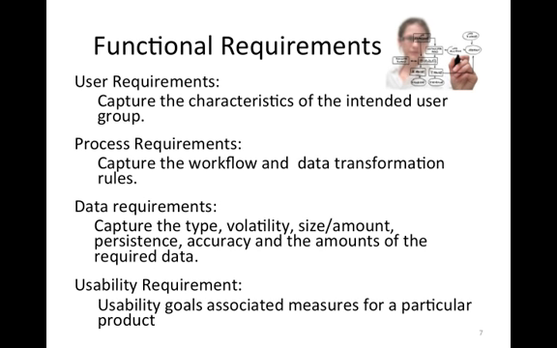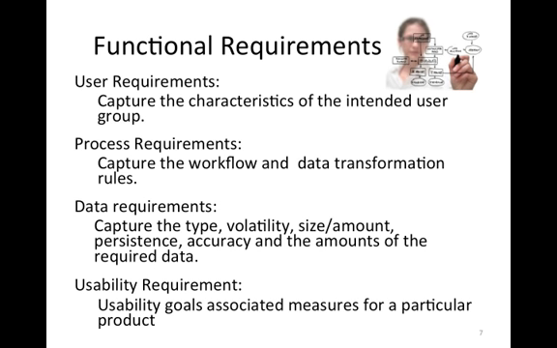So here's how we can think about functional requirements, what we're about in this course. User requirements are things that people want to do, how intended user groups want to interact with this system and what they want from this system. We used that example of an ATM.